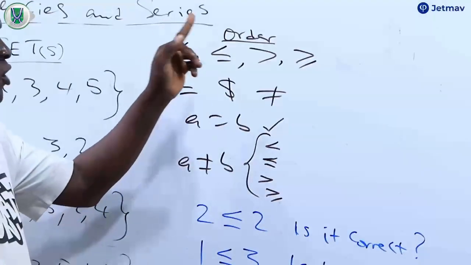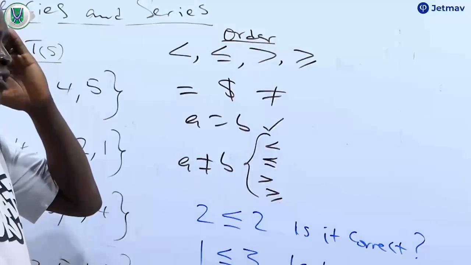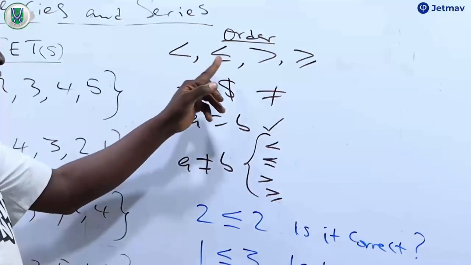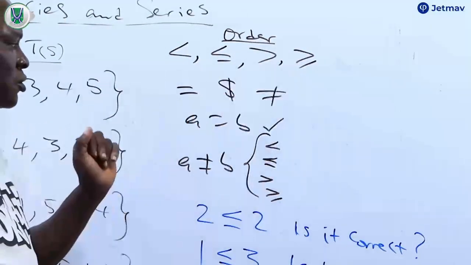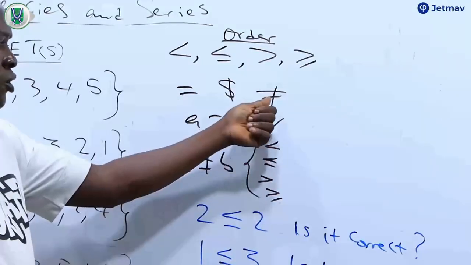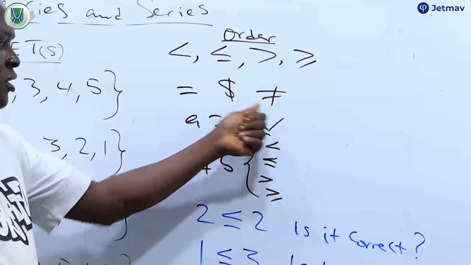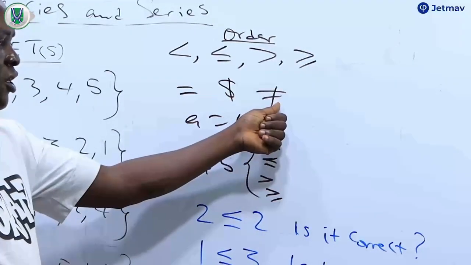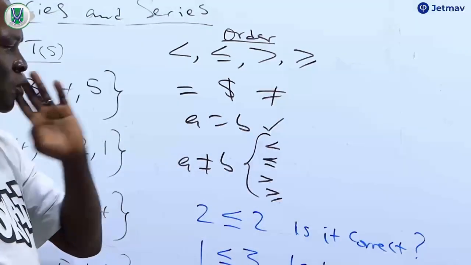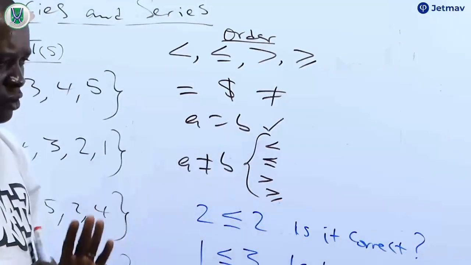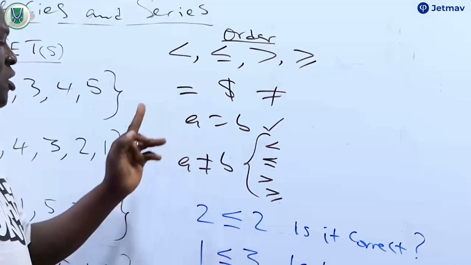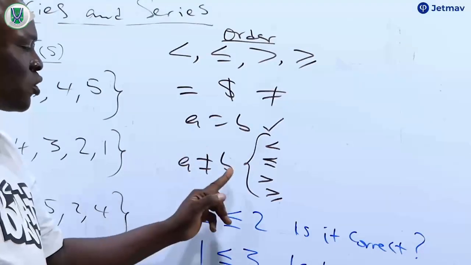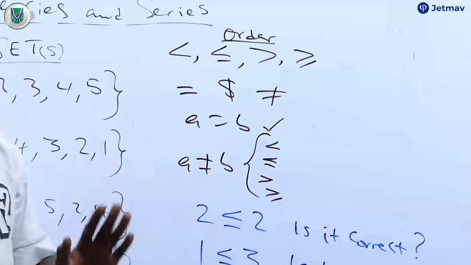Because once you hear the word order in math, the first thing you should think is less than or equal to, greater than or equal to, which are from the thoughts that we generated from this, equality and inequality, not equal to. A is equal to B, we have been using that. But once we raise the question, A is not equal to B, we have to answer the following questions.